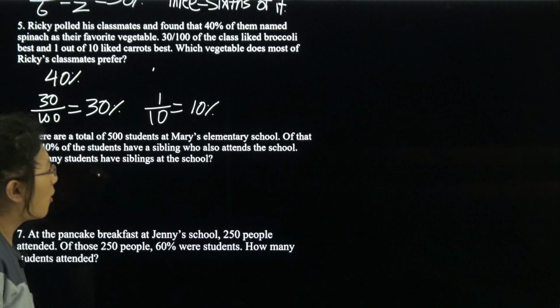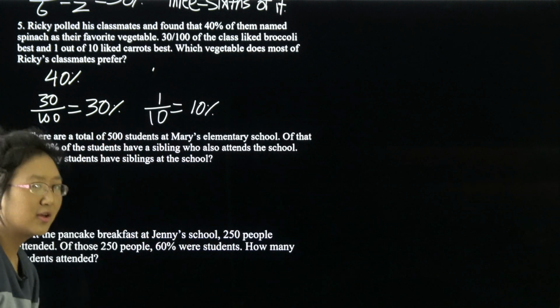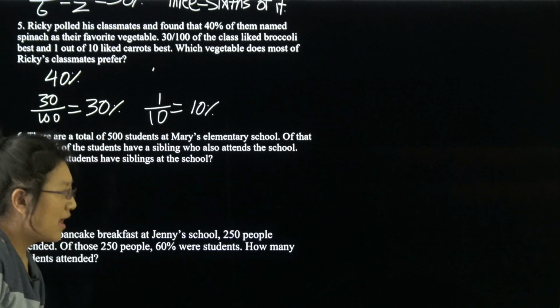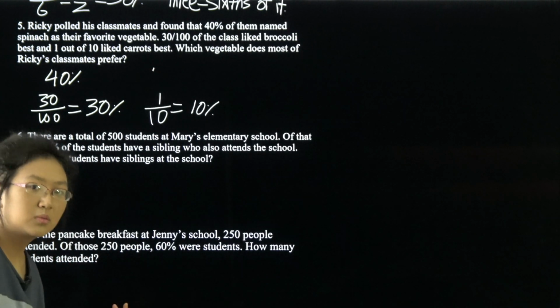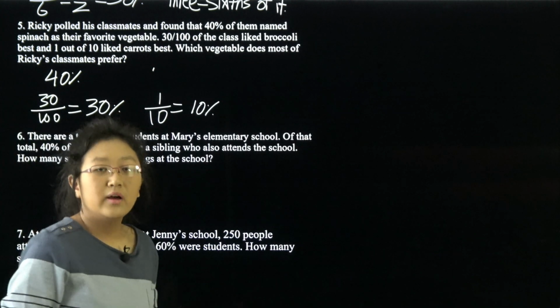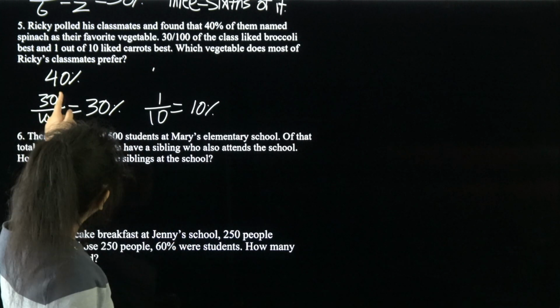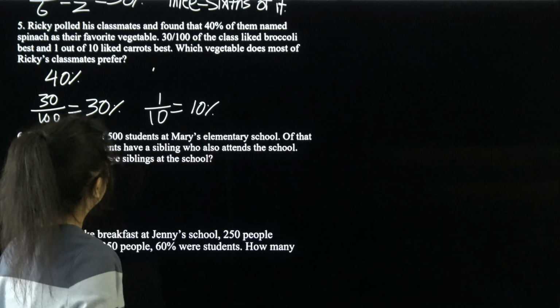And if he polled all of his classmates, then 40 plus 30 plus 10 equals 80%. Somehow the rest of the 20% of the class is just gone, I guess. Anyways, ignoring that, we realize that 40% is more than both 30% and 10%.